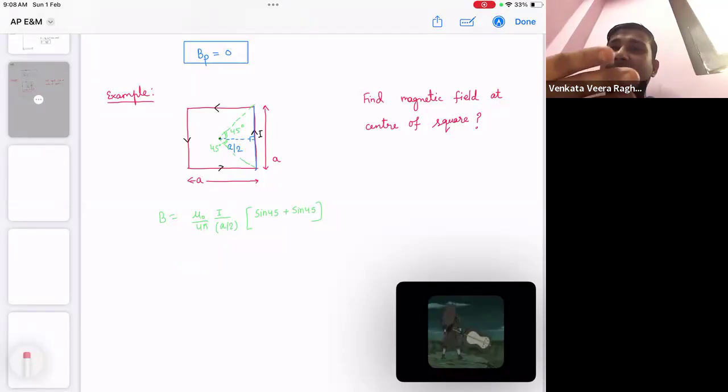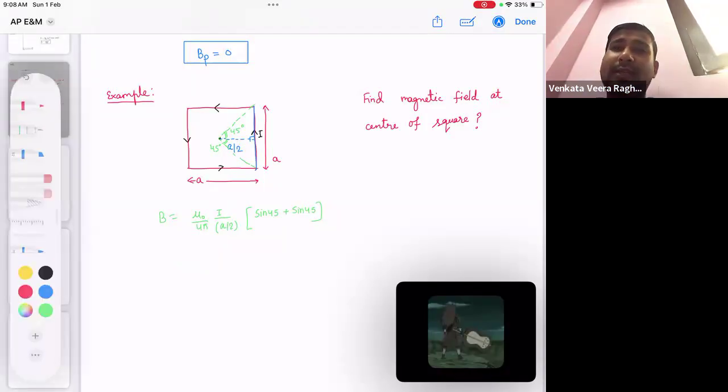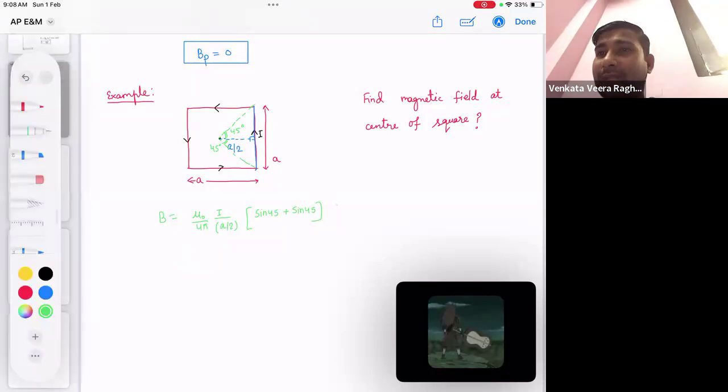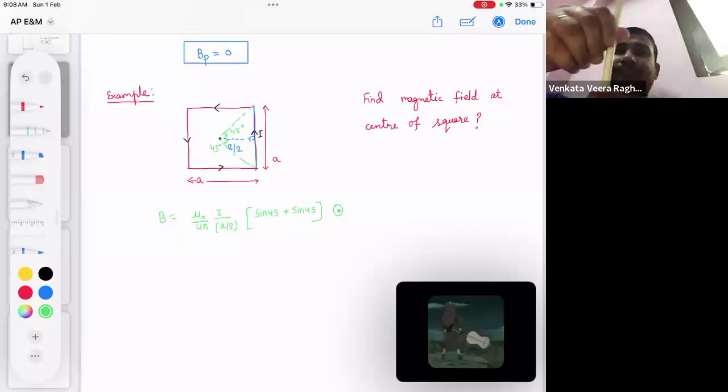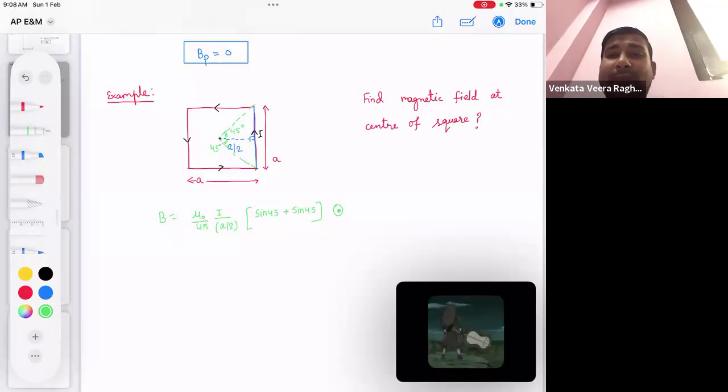So you will see the palm is facing out of the plane. So here the magnetic field due to this side is out of the plane. Like that, if you calculate for the other segment, again out of the plane, due to this segment out of the plane. See that every part of this loop is creating magnetic field out of the plane.